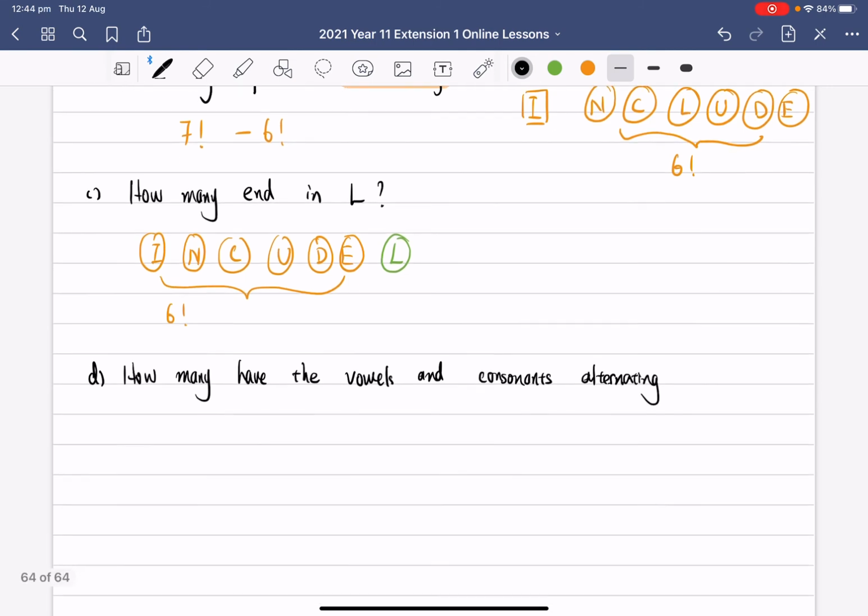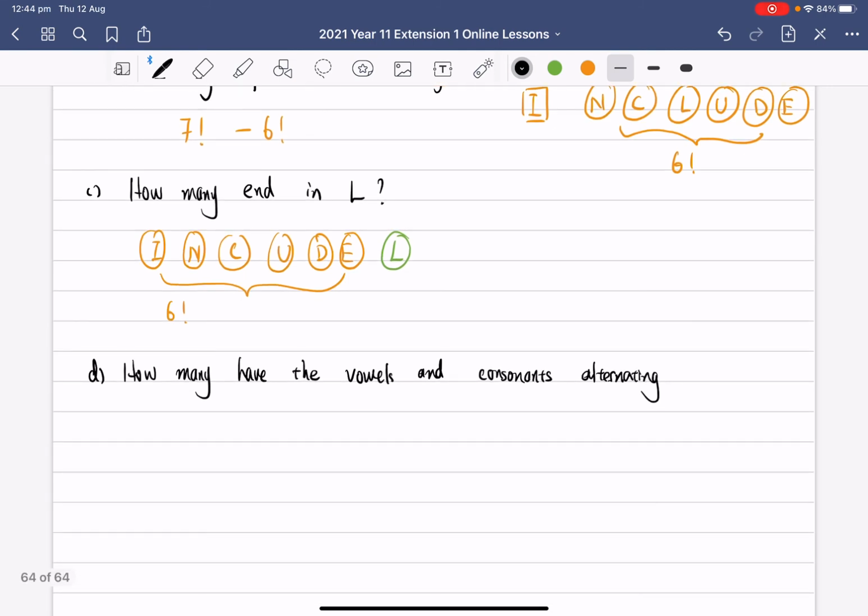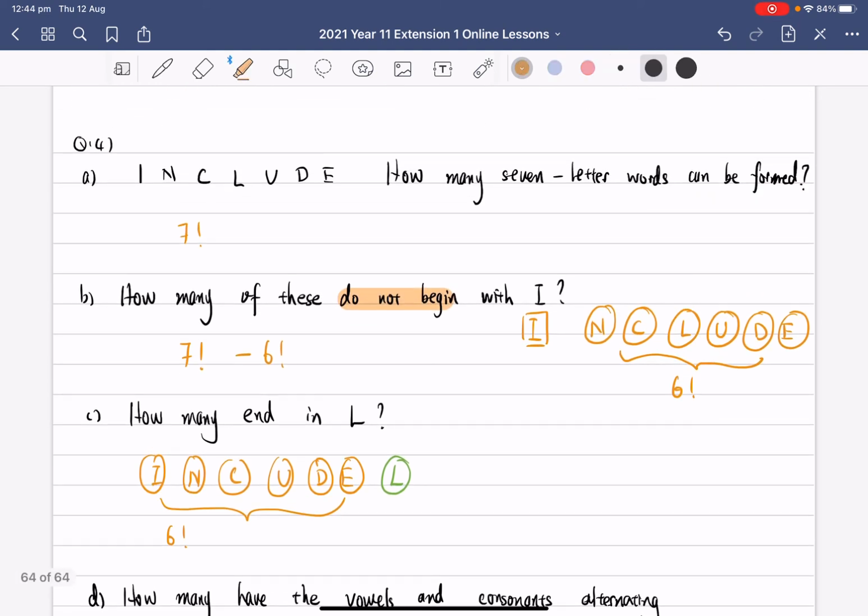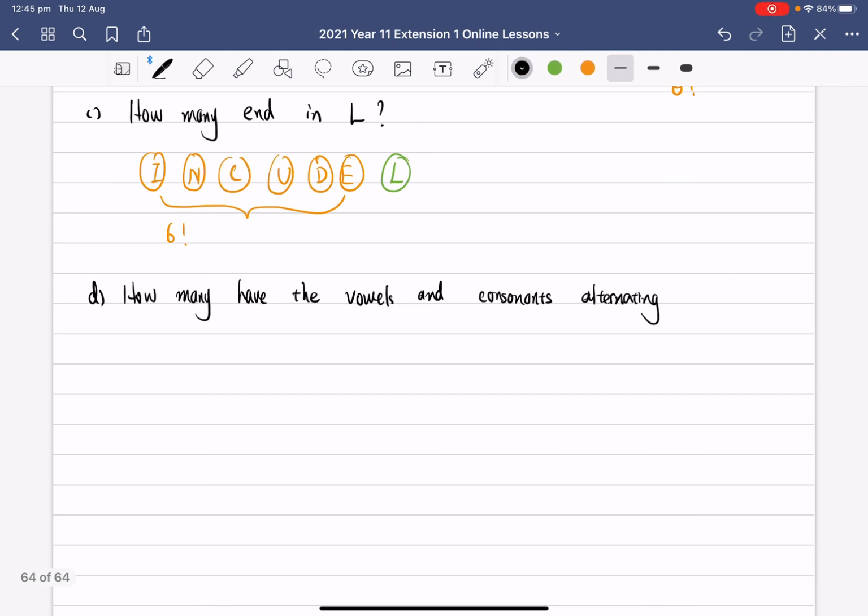Firstly, we identify the vowels and consonants from the word include. The vowels are I, U, and E, and the consonants are the rest of the other letters, so 1, 2, 3, 4. So basically, we've got 3 vowels and 4 consonants.